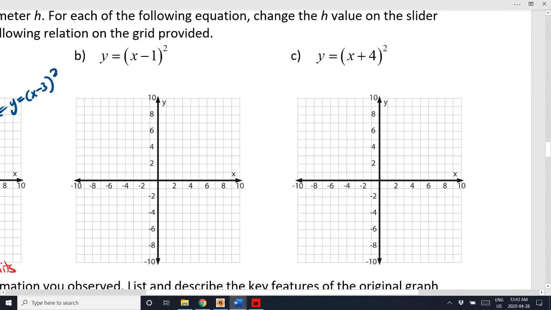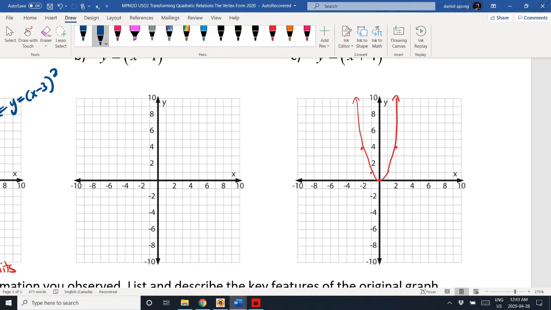So let's fill in example C here. We'll start with our parent function: -2 and 4, -1 and 1, 0, 0, 1 and 1, 2 and 4. You know the drill, parabola up. Now let's translate this, and I'm just going to switch colors here.